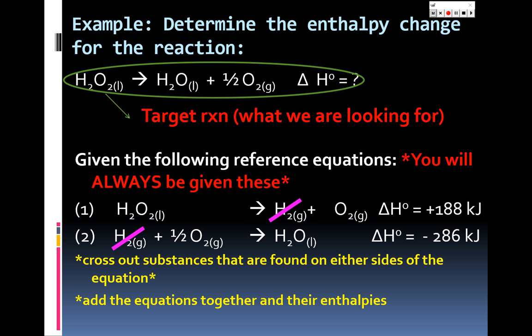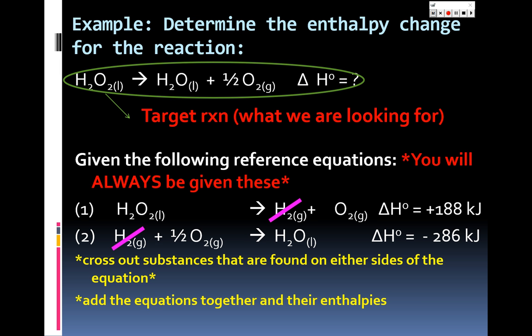If you look at the target, is there oxygen on the reactant side? No. So we don't want it. However, there is oxygen on the product side. Okay? We have oxygen here and oxygen here. So that means that if we've done everything correctly, which we didn't have to make any changes here, this is very, very easy. So it should work out.